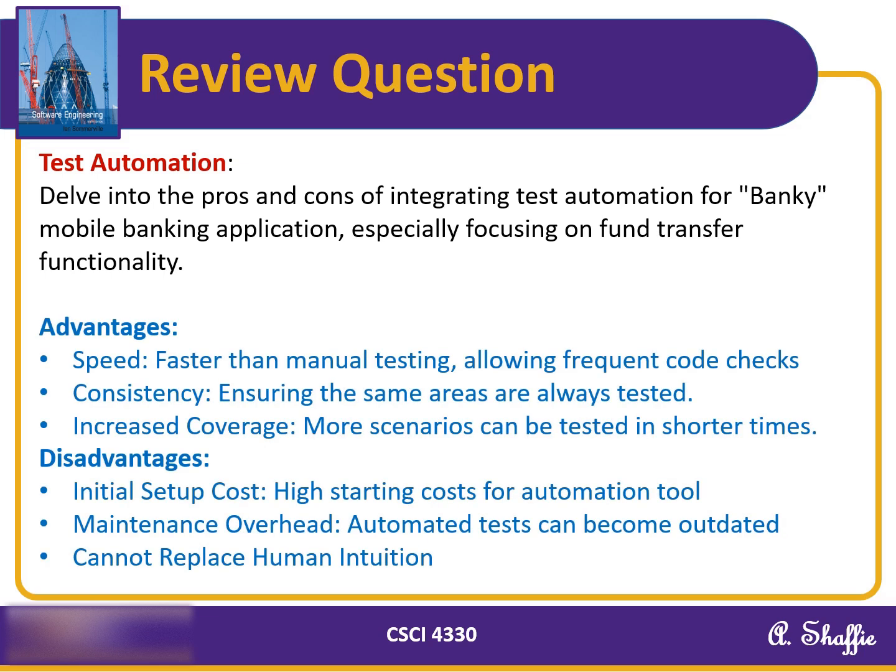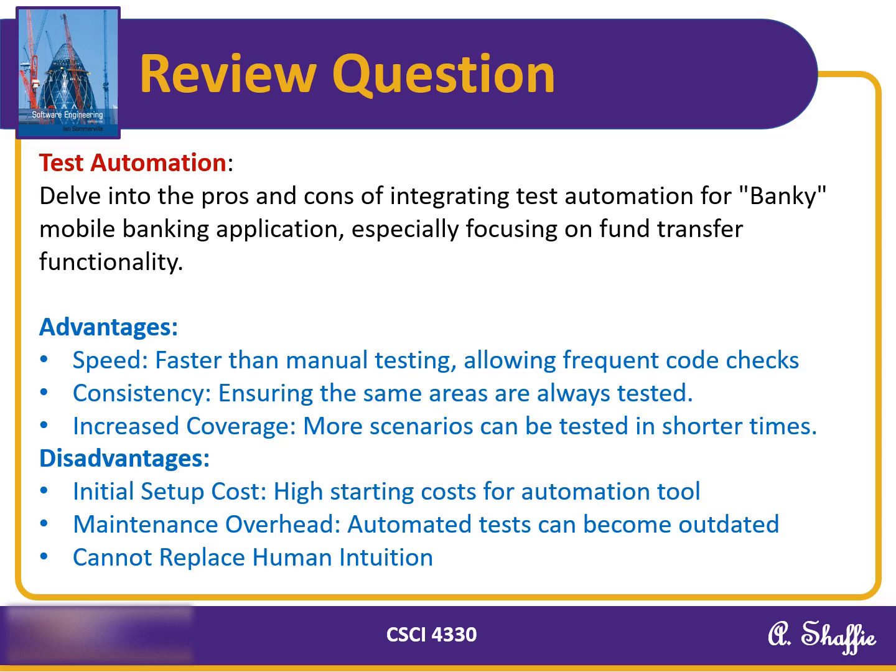Let's start with the advantages. The first thing, of course, is speed. Test automation is significantly faster than manual testing. This allows frequent checks even after small code changes, ensuring the system remains robust.